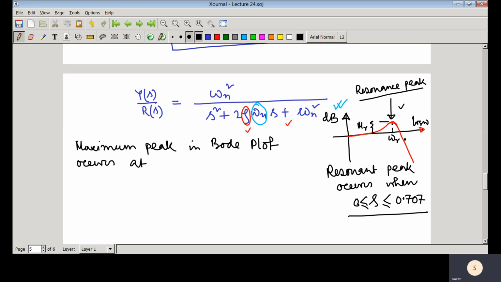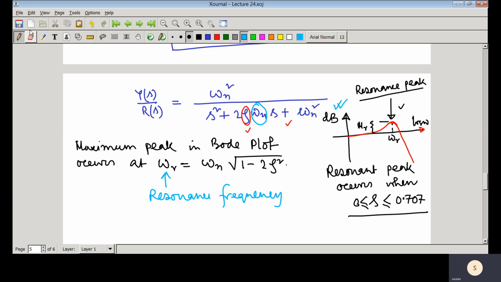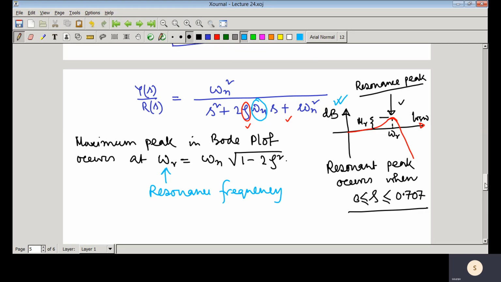So this is not that natural frequency. This particular frequency is called that resonance frequency, and it is related as omega n into square root of 1 minus 2 zeta square. And this frequency is not that natural frequency.